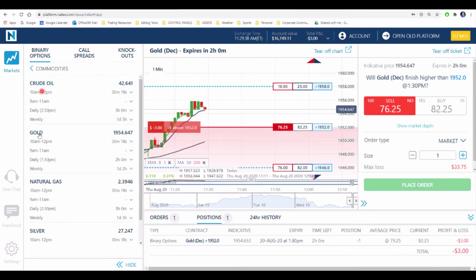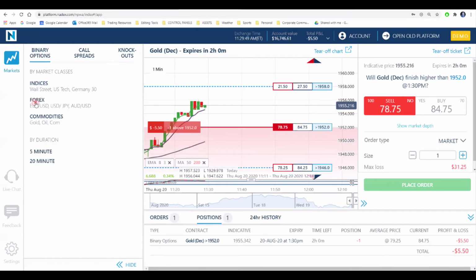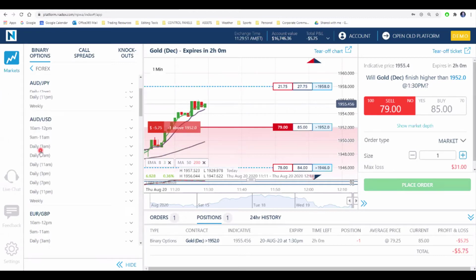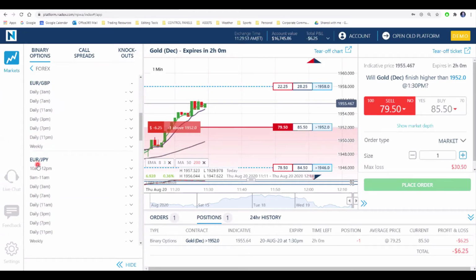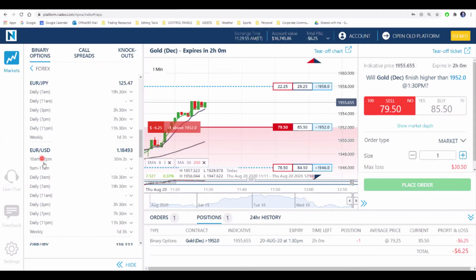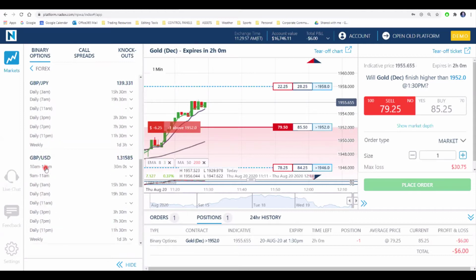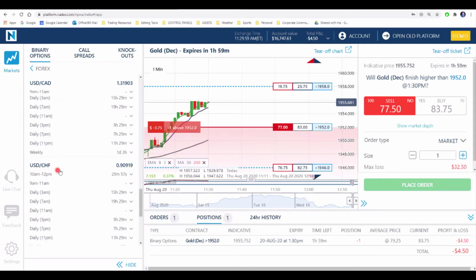I've got crude oil, gold, natural gas, and silver that I can trade. For our purposes, we look at crude oil and gold and popular Forex pairs. And once again, for our purposes, we like the euro dollar, the pound dollar, the pound franc, and the pound yen.